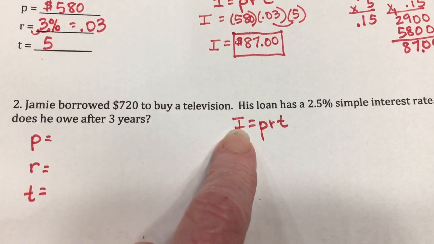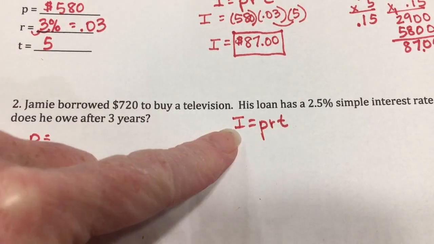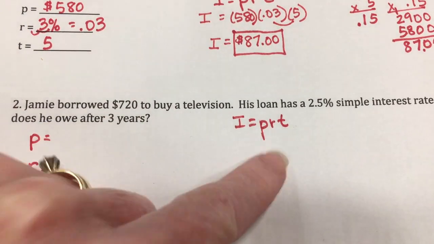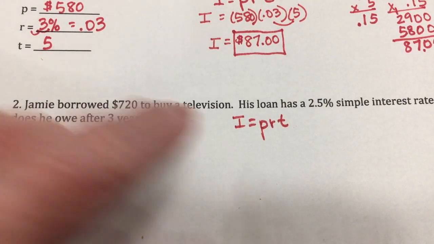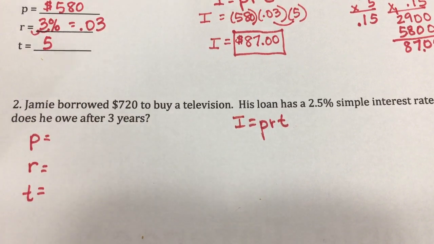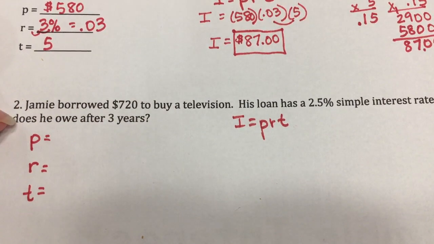So if I told you the interest, the principal, and the rate, I wanted to know the time, I could also substitute in those amounts and then solve for T, which we'll do more later this year, but just so you know, this formula doesn't just have to be used to find the interest, but that's all we're going to be using it for in this stop for now.